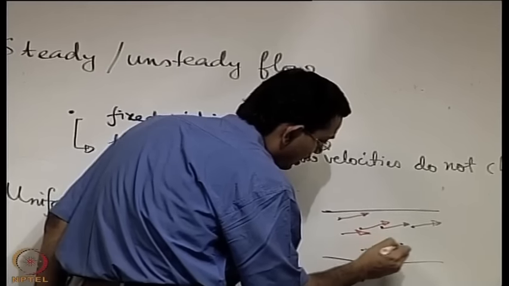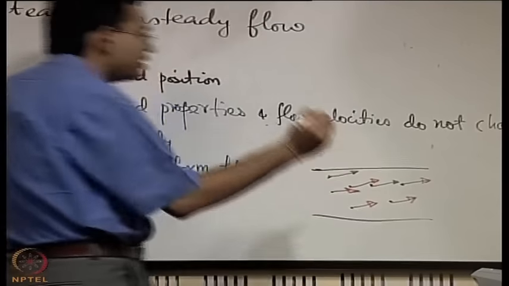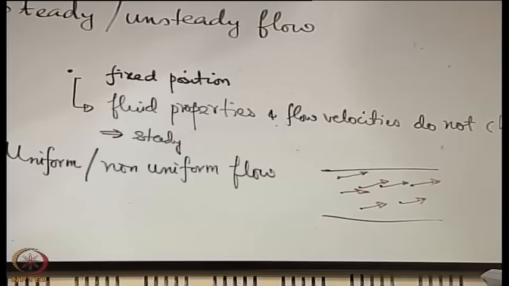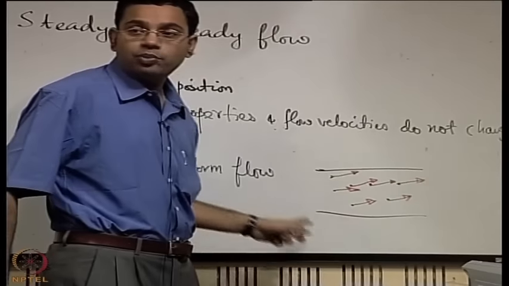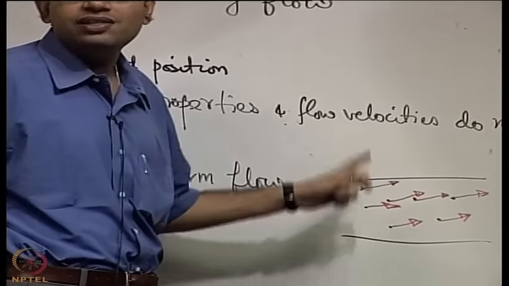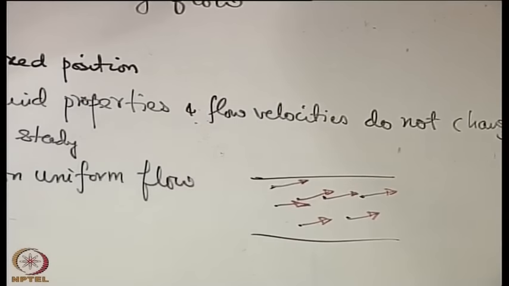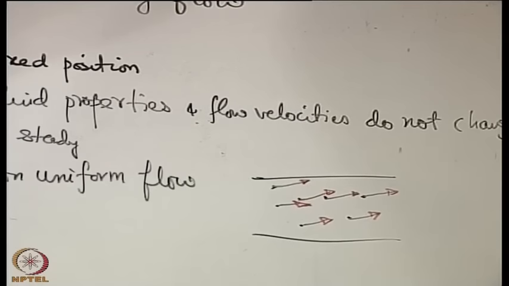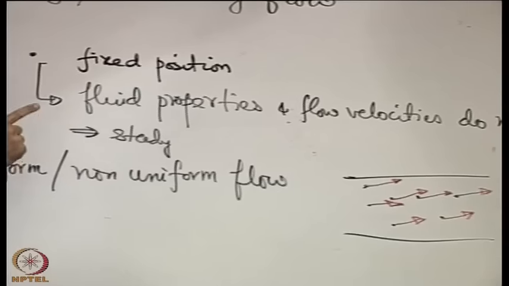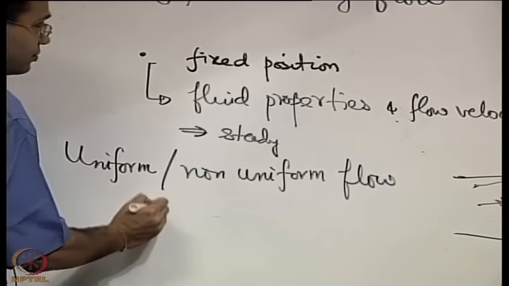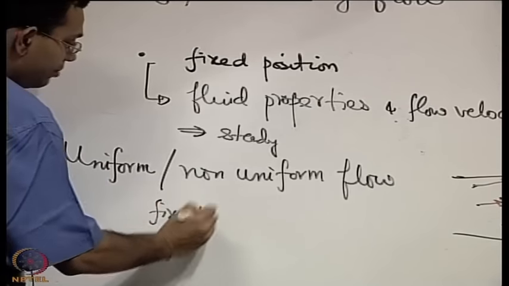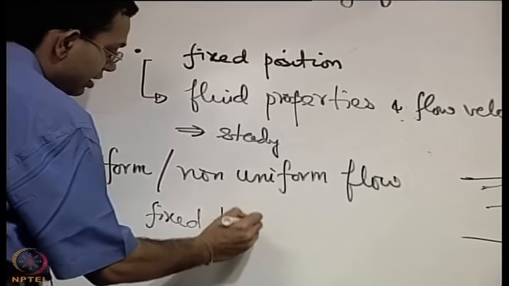If they are such that at a given instant of time they are same at all points, then we say that the flow field is uniform. So not only the velocities but also the fluid properties, the fluid properties and flow velocities. So what we are doing now, we are fixing the time. So fixed time, that is our concern.